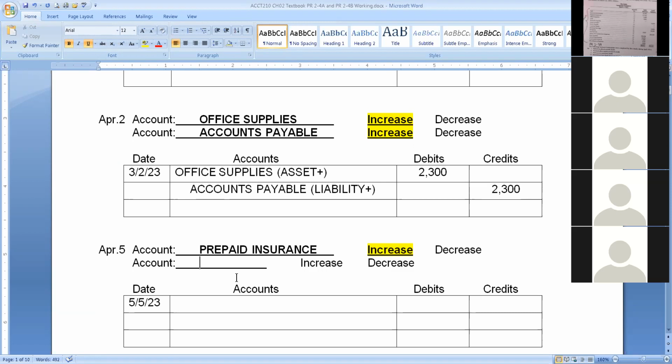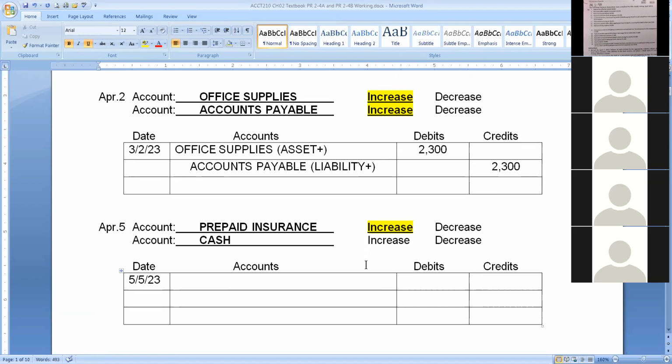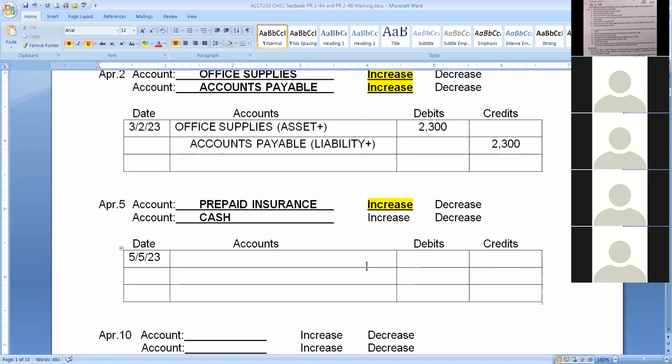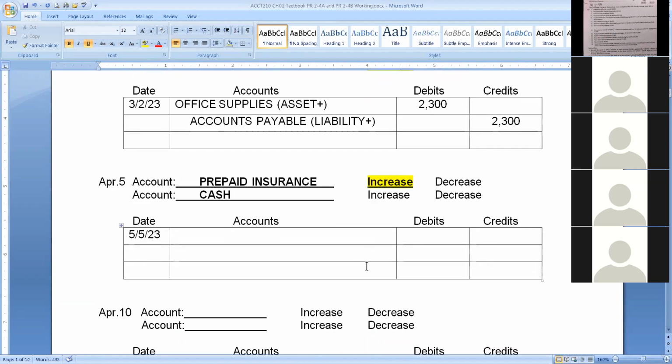All right, and what did we pay with? Well, paid, so it's cash. Is cash going up or down? Down.